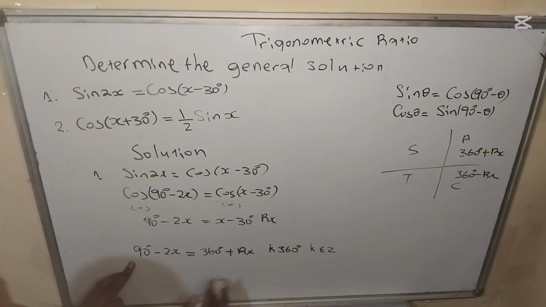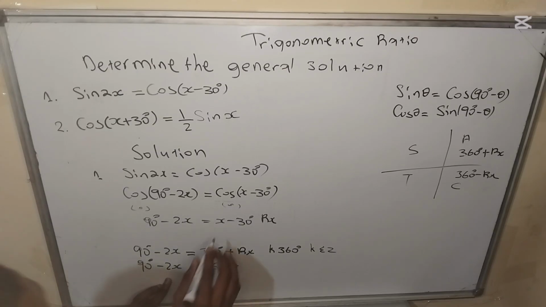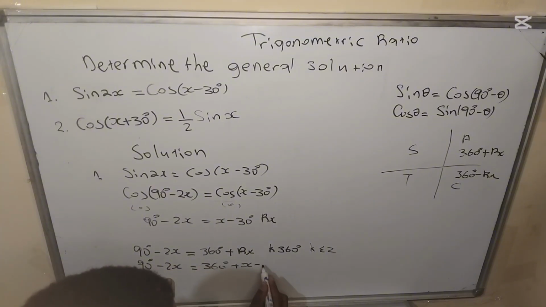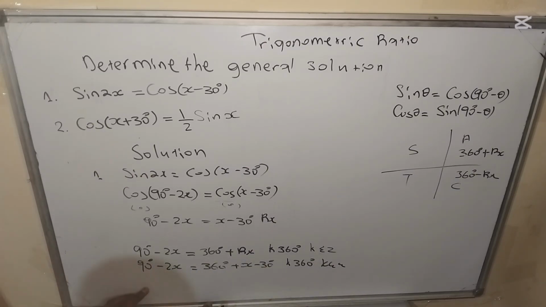Then now let's find our first solution. We have 90 degrees minus 2x, which is equal to 360 degrees plus reference angle. Our reference angle is x minus 30 degrees. K, 360 degrees, K is an element of Z. Then let's simplify our equation.